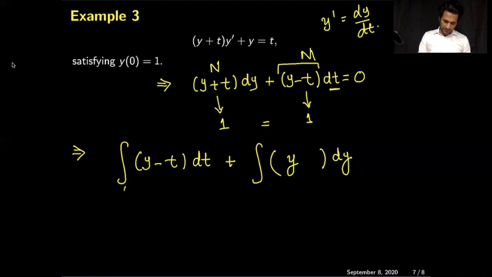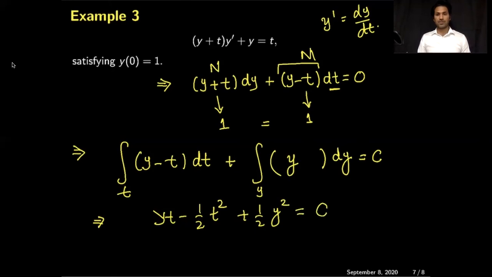This integration will happen with respect to t, and this integration will happen with respect to y, and that is equal to c. If I integrate with respect to t, it's going to be yt minus 1/2 t squared, and this is 1/2 y squared, is equal to c. So this is the general solution of your differential equation.